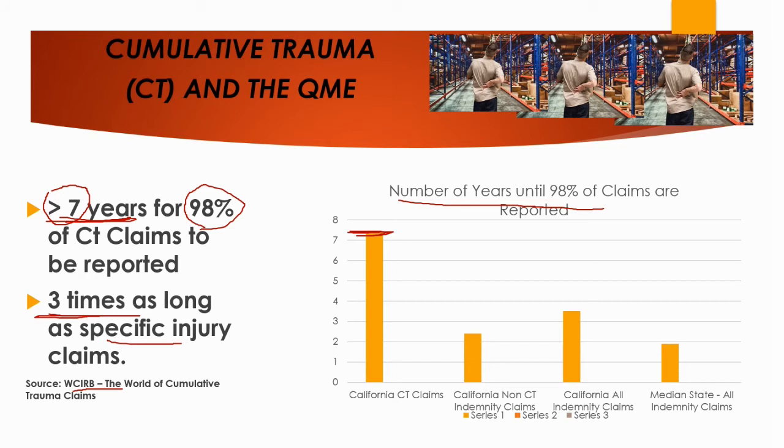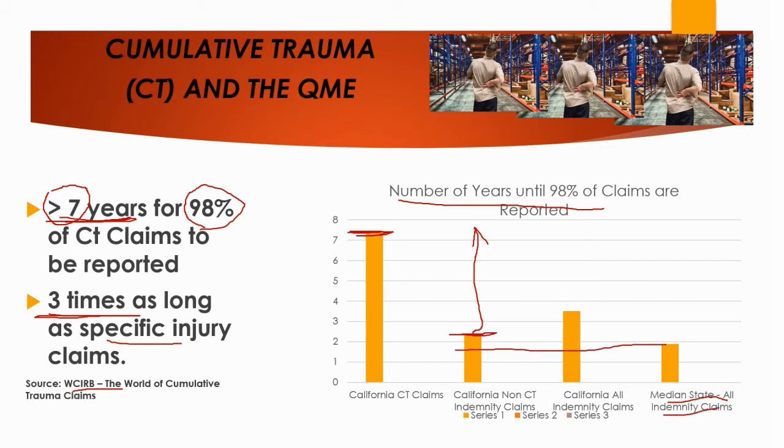Whereas for non-cumulative trauma claims in California, the time frame is much, much less, roughly one-third the time, slightly over 2 years compared to 7.4 years. And California's reporting frequency, the timeline of reporting of California claims, pretty much mirrors the median state filing for all indemnity claims.